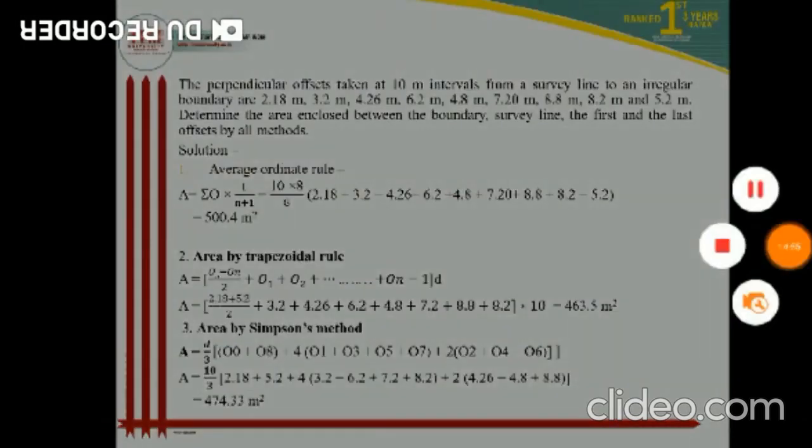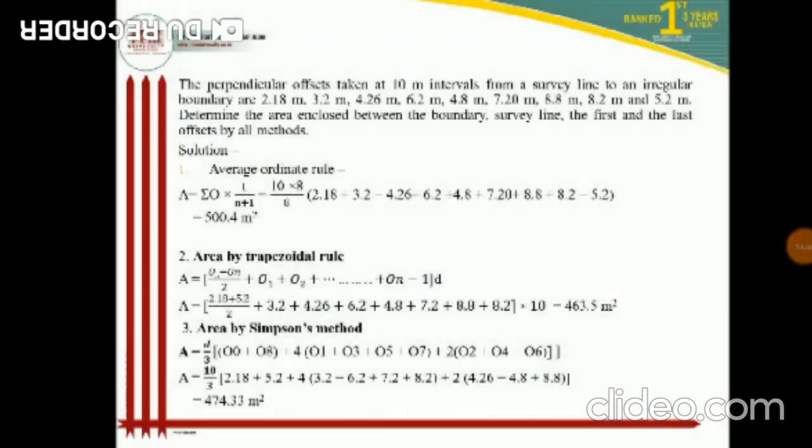Here a numerical is given. The perpendicular offsets taken at 10 meter interval from a survey line to an irregular boundary are 2.18 meter, 3.2 meter, 4.26 meter, 6.2 meter, 4.8 meter, 7.20 meter, 8.8 meter, 8.2 meter and 5.2 meter.